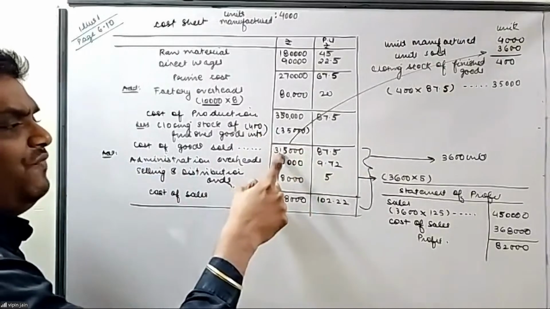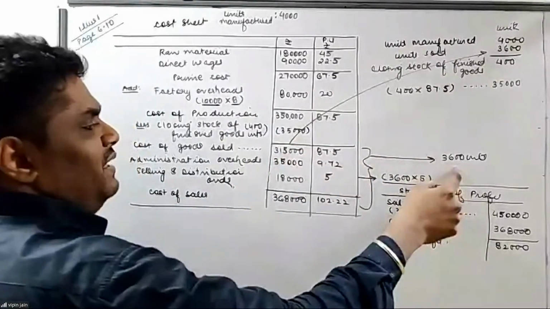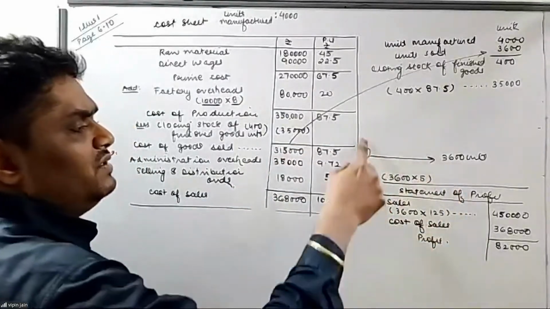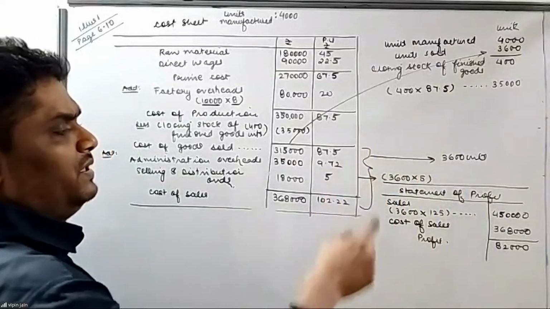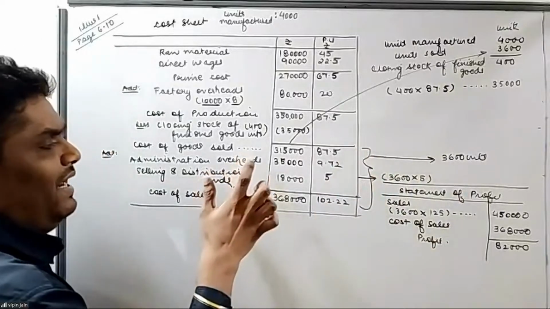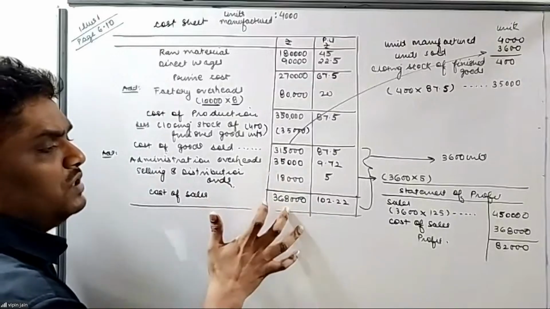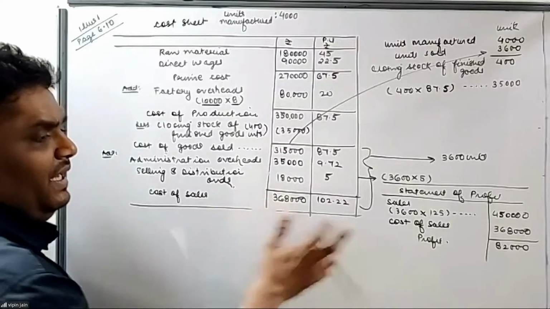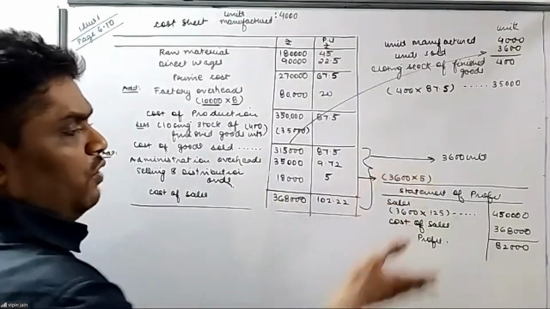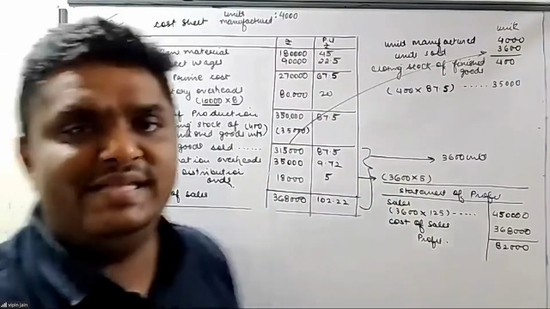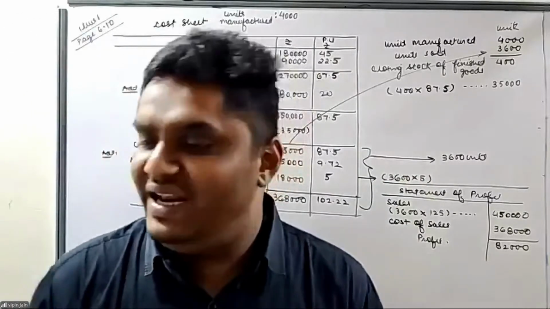So this 3,15,000 is for 3,600 units. From now onwards, 3,600 units will come into picture. So in this, if we add administration overhead and selling and distribution overhead, we will get cost of sales, that is 3,68,000. So when talking about the statement of profit, sales minus cost of sales, we will get the final profit.